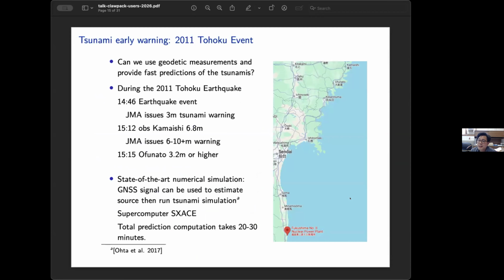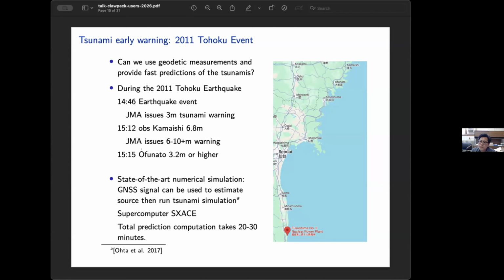However, if you look at the timeline of the 2011 Tohoku event, the earthquake happened around 2:46 p.m., but about 30 minutes later, you already started seeing lots of tsunami waves coming in.